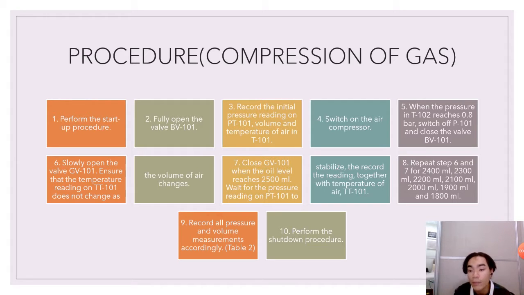Next, we have to repeat step 6 for different volumes, which include 2.4 liters, 2.3 liters, 2.2 liters, 2.1 liters, 2 liters, 1.9 and as well as 1.8 liter. We have to record all pressure and volume measurements accordingly and perform the shutdown procedure.